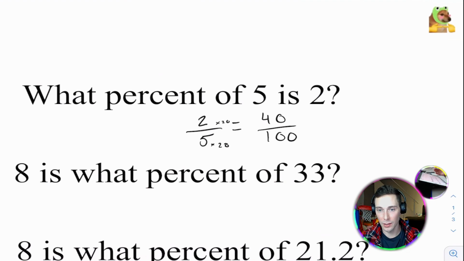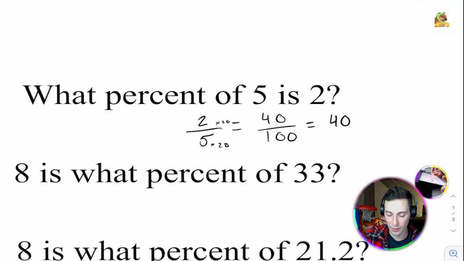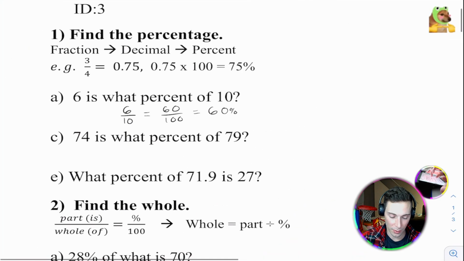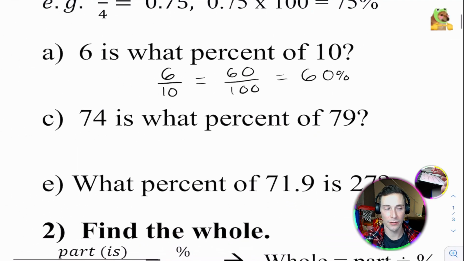I could use my calculator for this too, but because they have a good relationship with the denominator being a factor of 100, I can just change these into a number over 100, and then from there it's super easy to change that into a percentage. That's right, 40%. I forgot what I was doing there. 40%. This next one, I'm assuming, yeah, not a factor of 100.